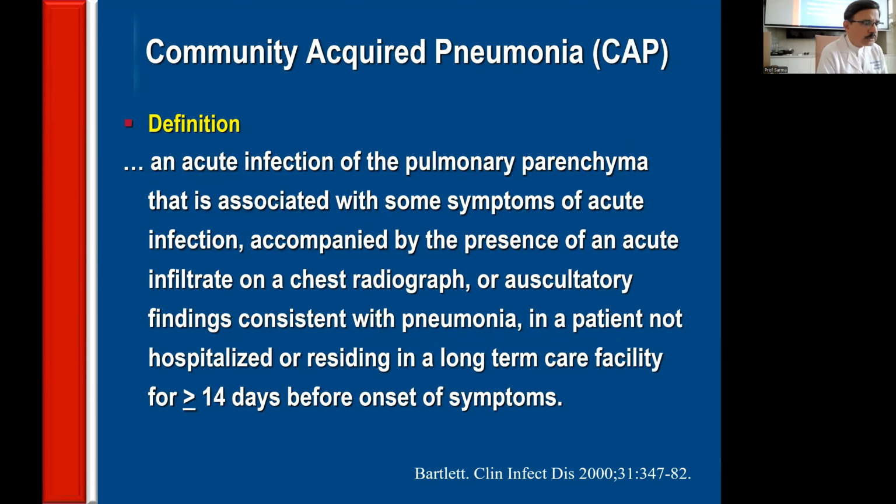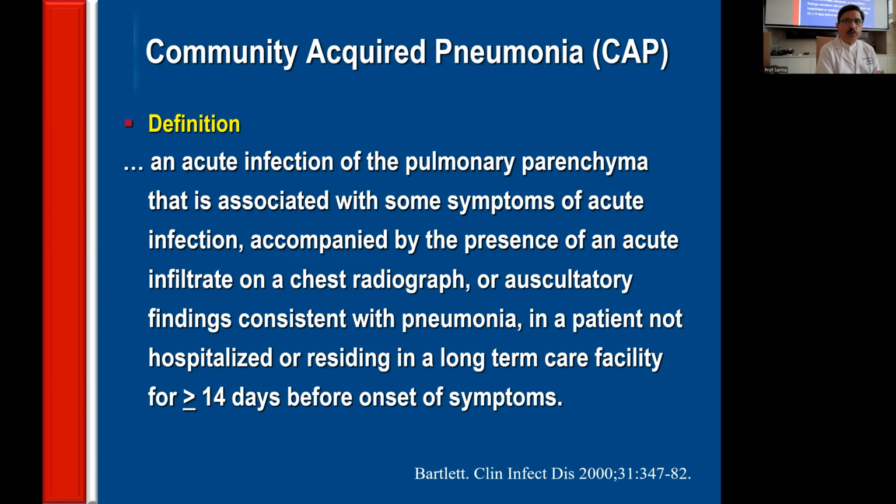Now, what is the definition of pneumonia? One thing, it is an acute process and it involves the pulmonary parenchyma and is associated with acute infection symptoms, presence of an infiltrate on the chest radiograph, auscultatory findings consistent with a consolidation or pneumonia, in a patient who is not hospitalized or not residing in a long-term care facility for more than 14 days before the onset of symptoms.